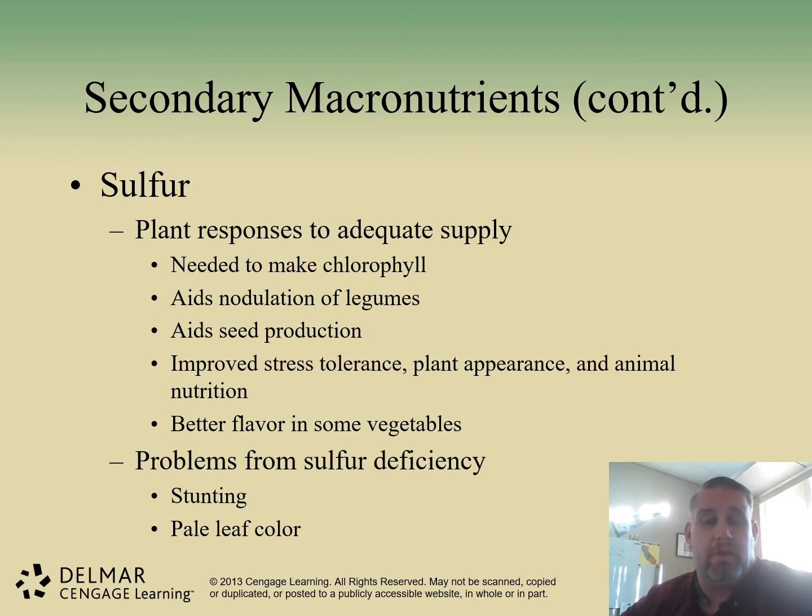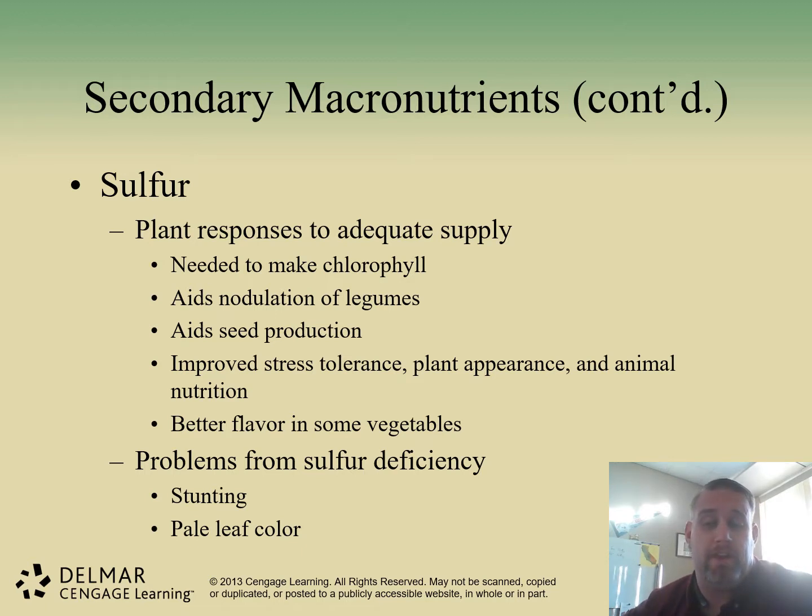Sulfur, this is a very essential part of the chlorophyll making process, which is essential to photosynthesis. It also helps to fixate nitrogen in legume plants, and helps to improve stress tolerance within a plant. Sulfur will make sure your vegetables taste good.